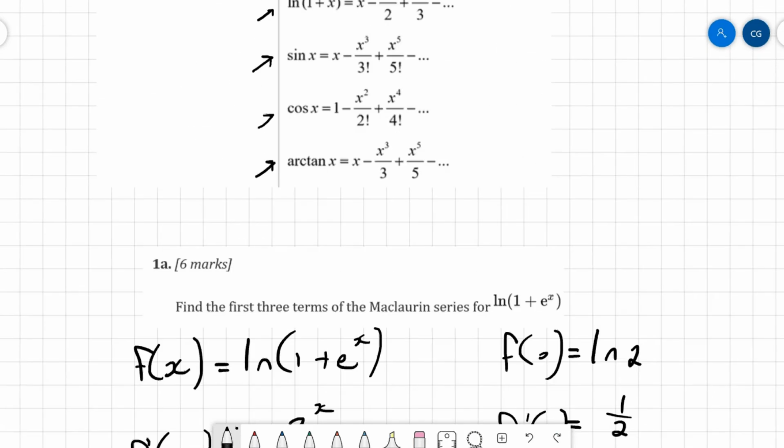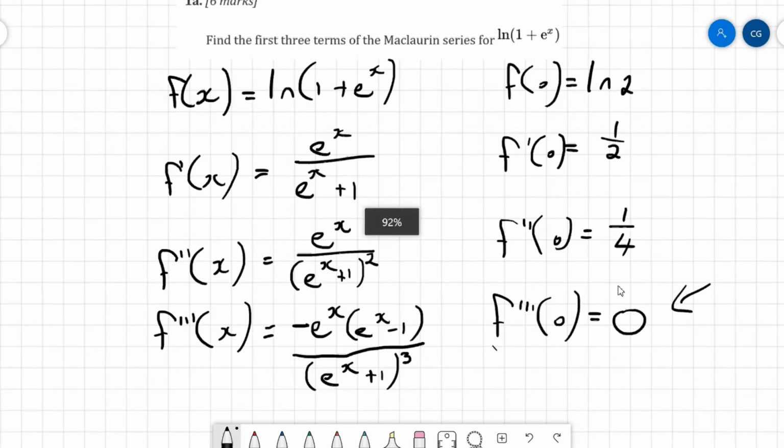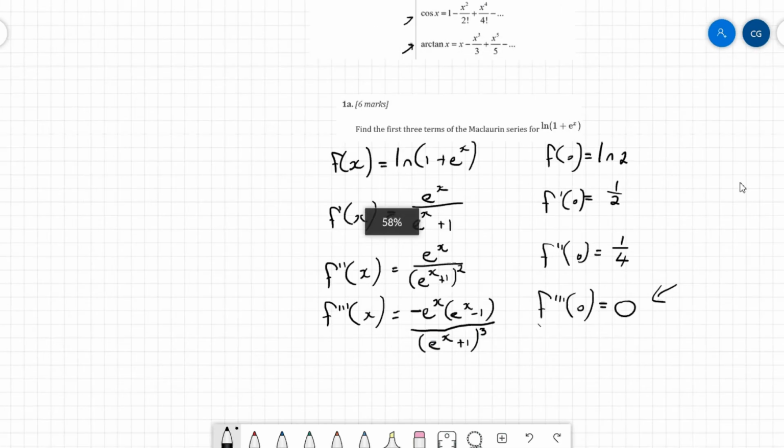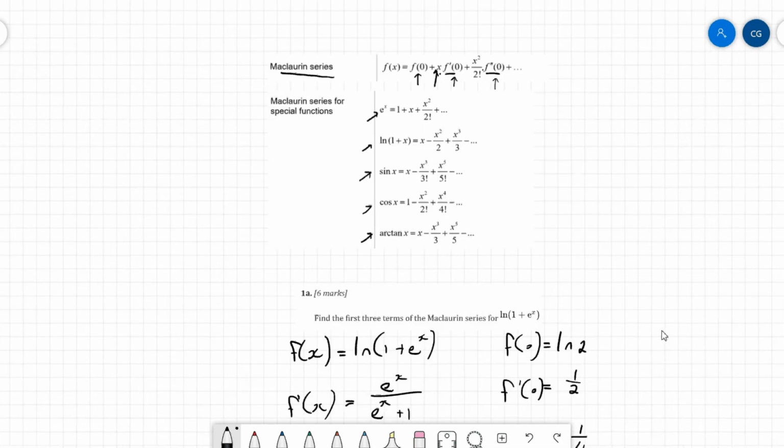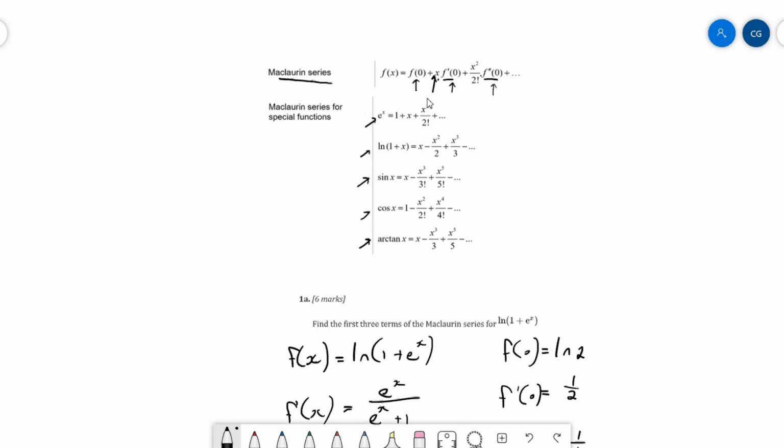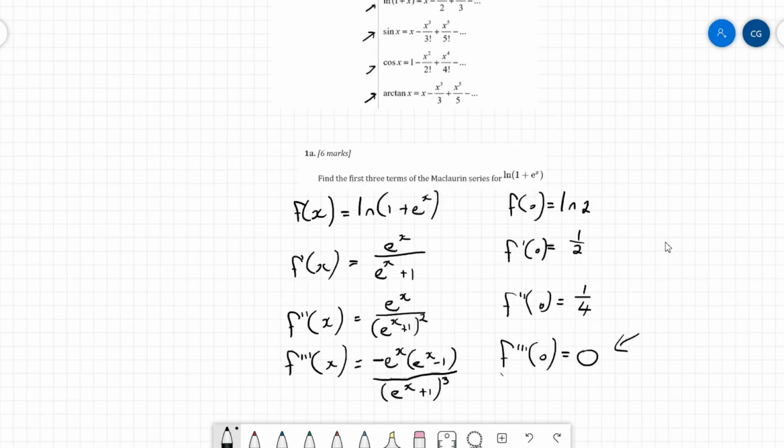Now let's go and take a look here at our Maclaurin series. I'm going to zoom out slightly and then let's go back up. So for a Maclaurin series, we can use this formula. So we will first say f of 0 plus x times the first derivative at 0 plus x squared over 2 factorial times the second derivative at 0.